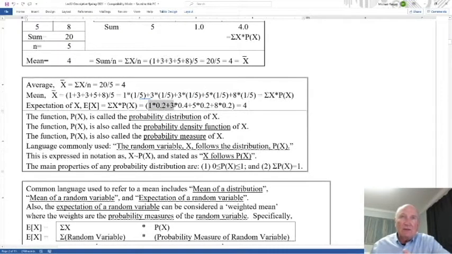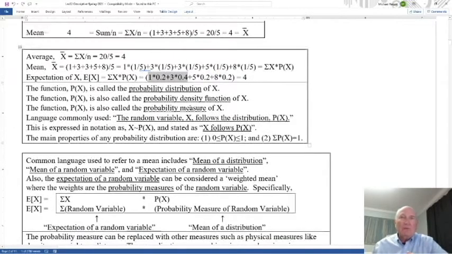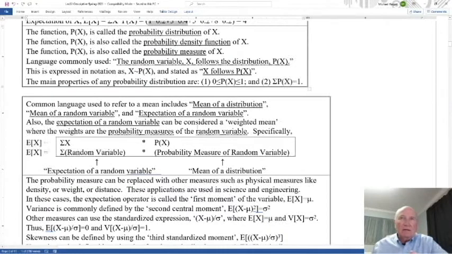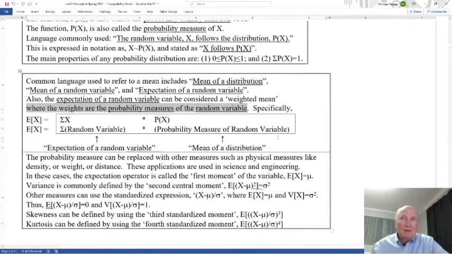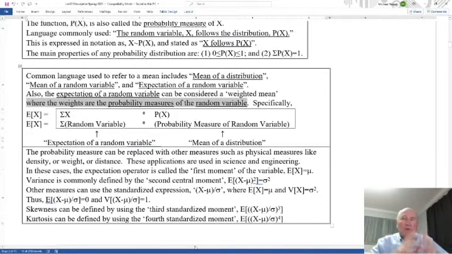That's a weighted mean, where the weights are the probability measures of the random variable. That's logical, because if something happens more frequently, it should have greater impact on the mean.